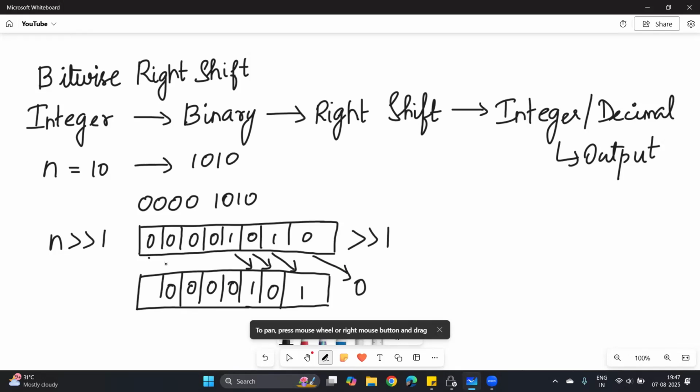So this bit has come here. Now the question arises, what will be filled here? In this place, we'll be filling whatever is in the next place. So it will be 0. And hence, this is the last step. Now we'll be converting this to integer. The number is 101. On converting it to decimal, we get it as 5.